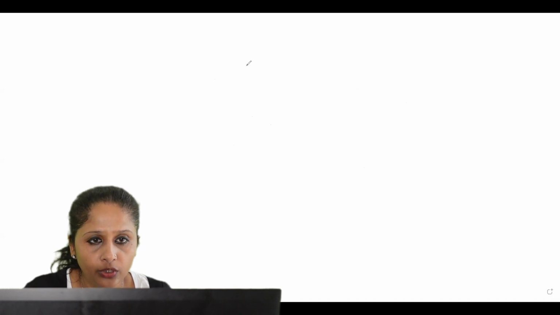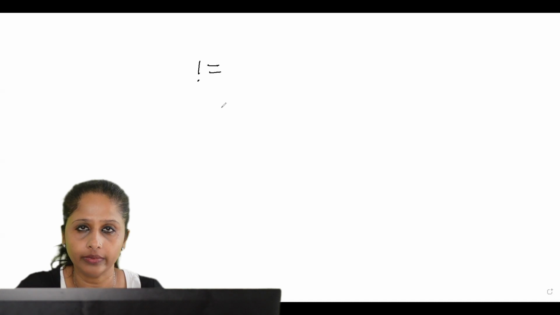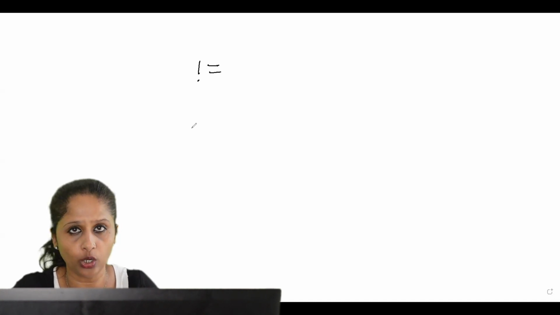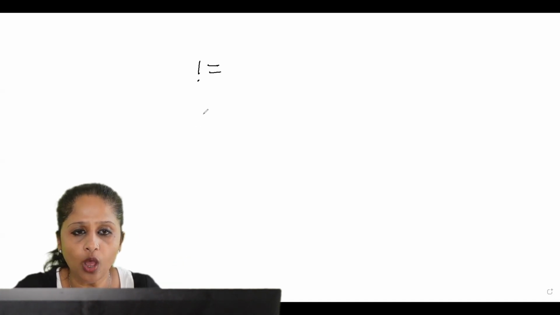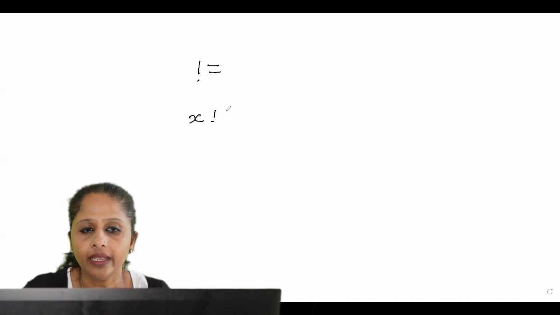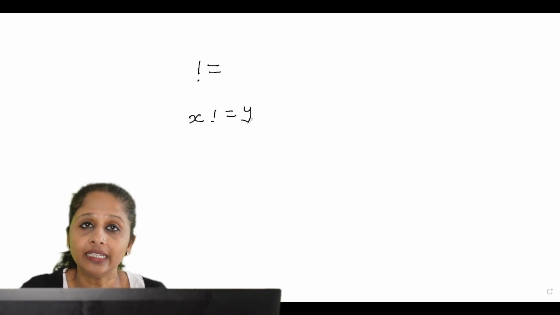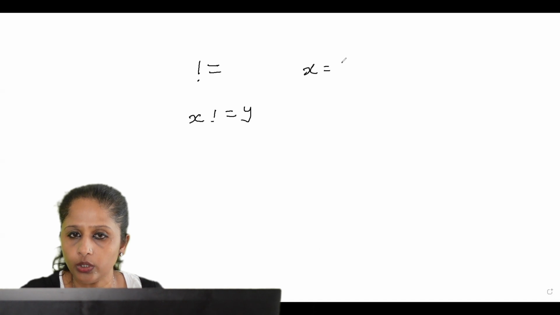Next we have not equal to. Double equal to checks whether both the numbers are equal. In this case it is just the opposite, that is, x not equal to y means whether the value of x is not equal to y. If it is not equal, then it returns true. For example, x is equal to 10 and y is equal to 20.